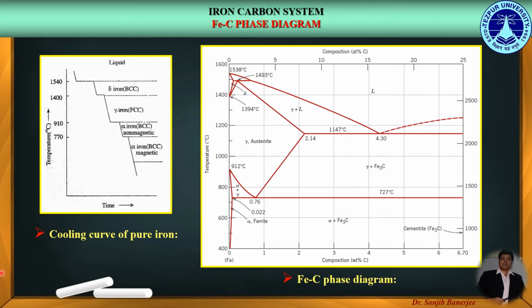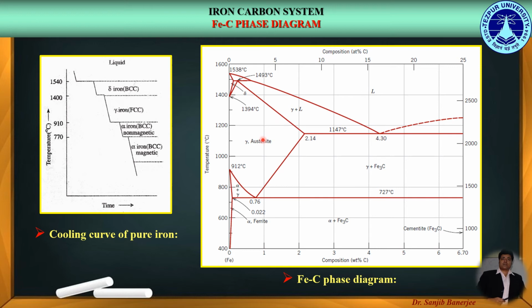To come with the next phases, in between the ferrite phase and the cementite phase, we get the combination of ferrite and cementite, which is actually the layers of ferrite and cementite termed as pearlite phase. Here we get the uniform liquid phase.